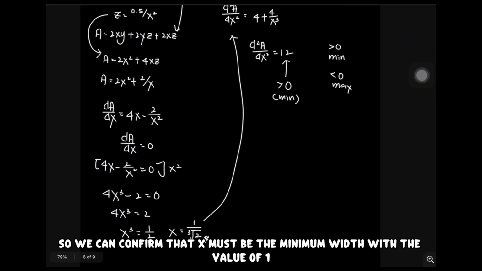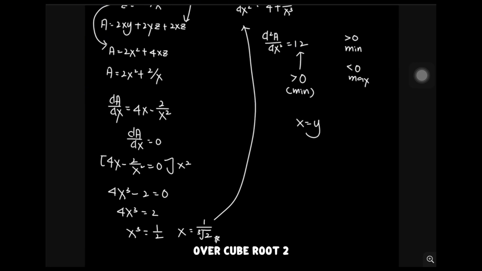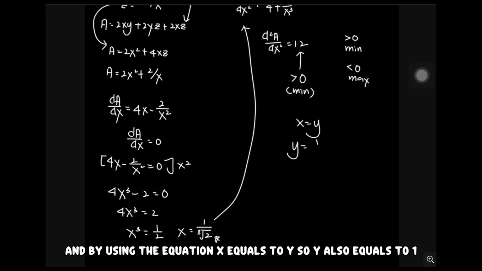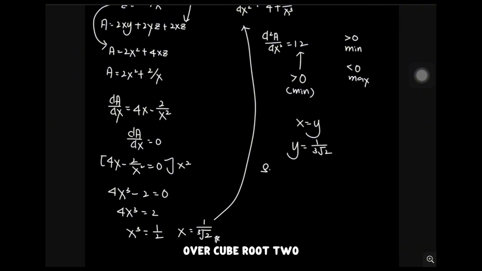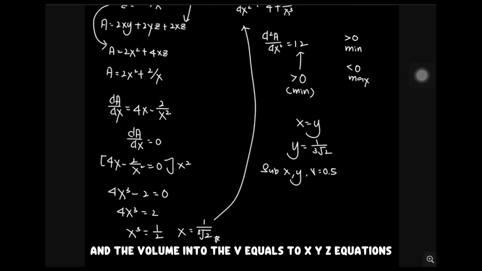So we can confirm that x must be the minimum width with the value of 1 over cube root 2, and by using the equation x equals y, y also equals 1 over cube root 2. Then we substitute the x value, the y value and the volume into the equation V equals xyz.